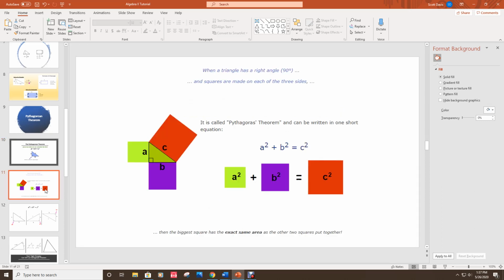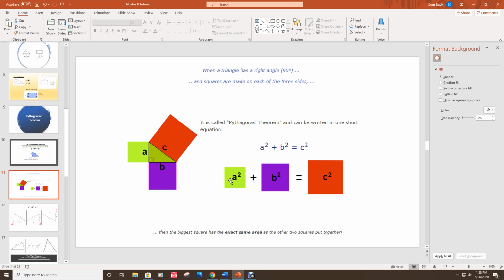The reason the Pythagorean Theorem works is, Pythagoras was an old philosopher way back, along with Socrates and all them. He came up with this theory that when a triangle has a right angle, that 90-degree symbol right here, and then you put squares on each of the three sides, so here's a triangle, and let's say you put a square on side A, a square on side B, and a square on side C, then the biggest square, this red one, has the exact same area as the other two squares put together.